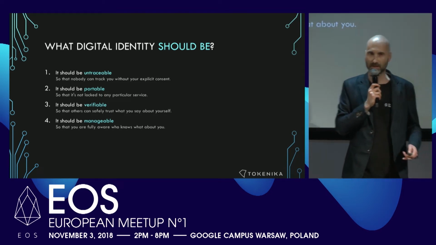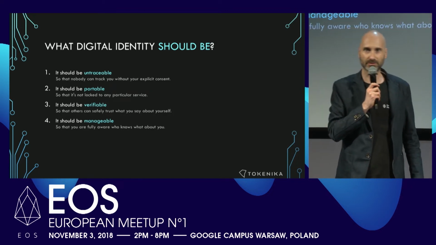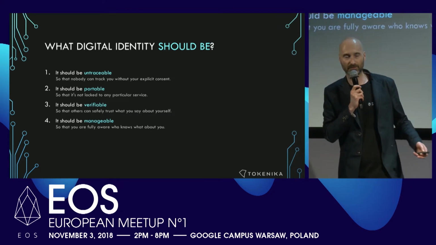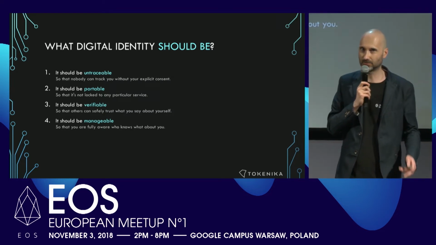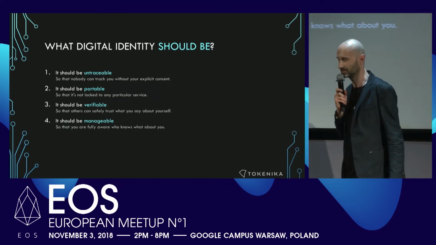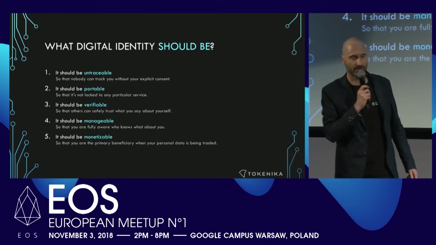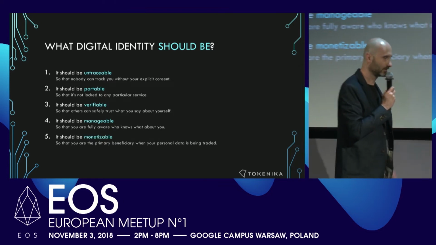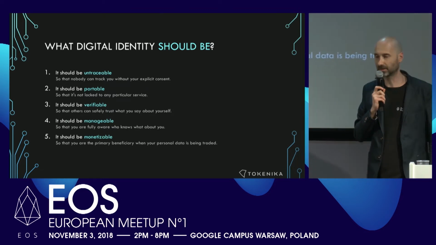In the EU we have this GDPR legislation, and theoretically we should receive emails telling us which company knows what about us, but obviously it's not really working because it's not manageable. If you can make identity manageable, you can make it monetizable.